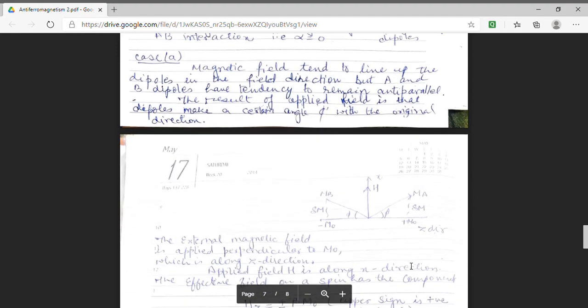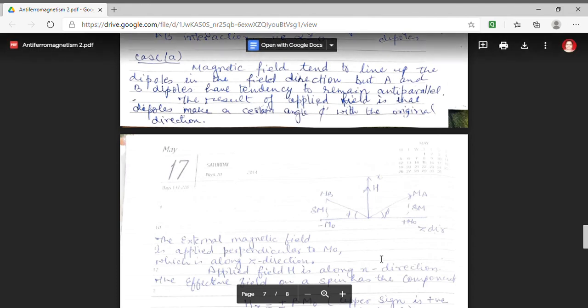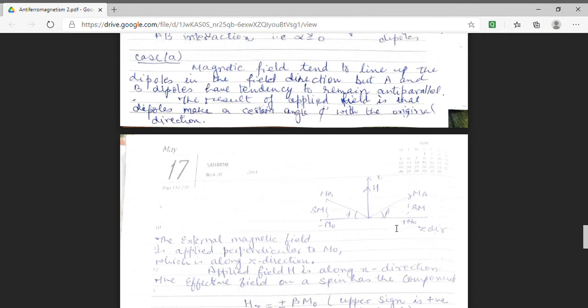Now I am applying the magnetic field. This is the direction of my initial spins. That means initially spins are in the Z direction.